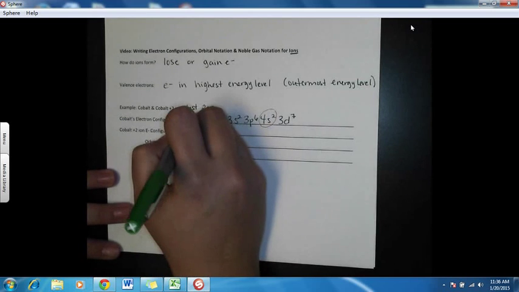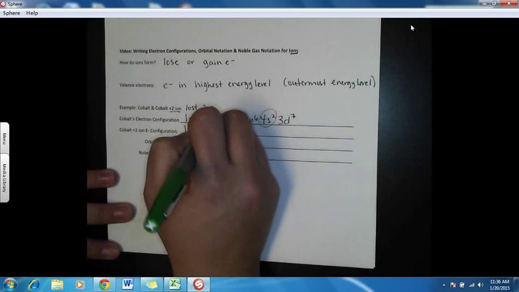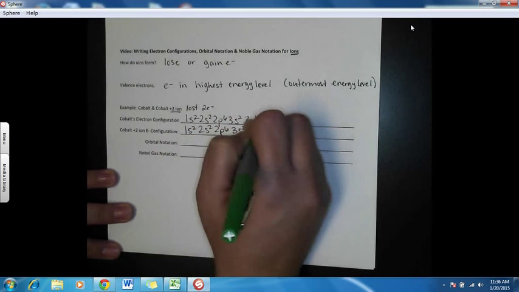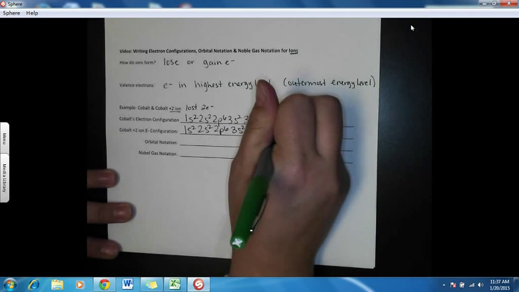So we're going to have 1s2, 2s2, 2p6, 3s2, 3p6. Now since that one's empty, we don't write it. And then 3d7. Alright, so then the orbital notation would work the same as it did yesterday, only we're going to eliminate that 4s.